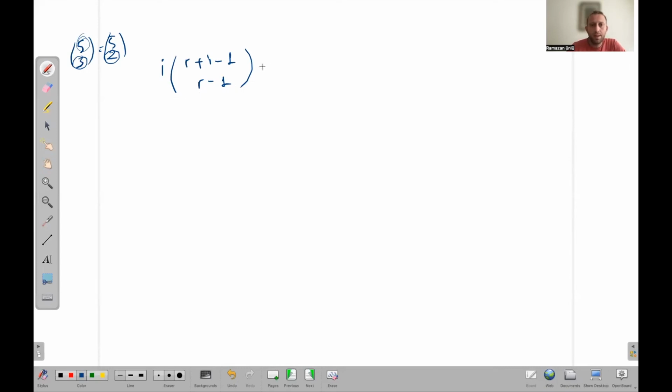So let's open this guy first, which is r plus i minus 1. And what was the logic? I will reduce this term by 1, and I will repeat that reducing process r minus 1 times. So something like that. Okay, and let's say this part is r minus 1 factorial.